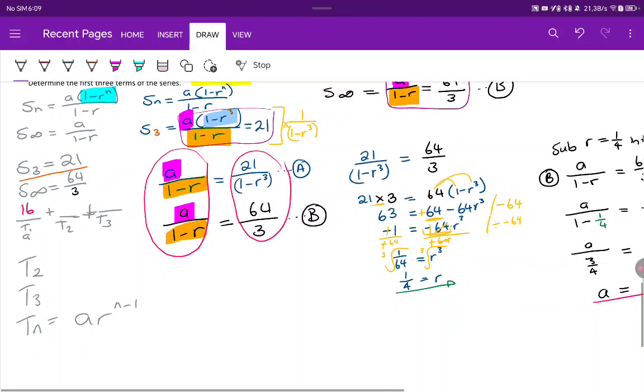So we are now going to say term 2 is equal to a, which is 16, for both of them, multiplied by r, which is 1/4 for both of them. And the exponent is going to be 2 minus 1 and 3 minus 1.